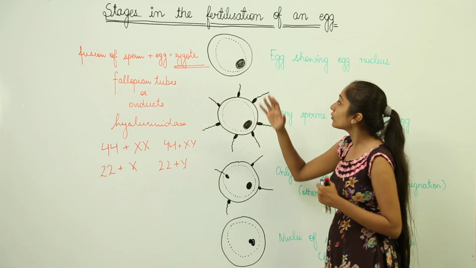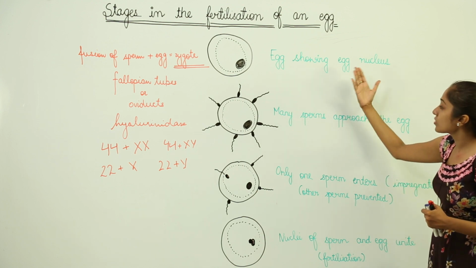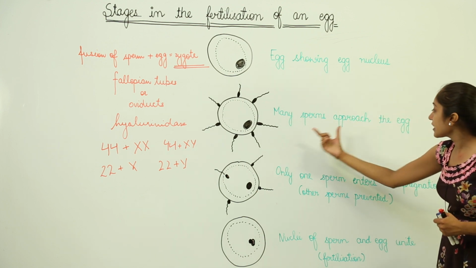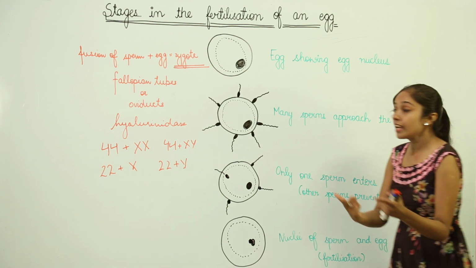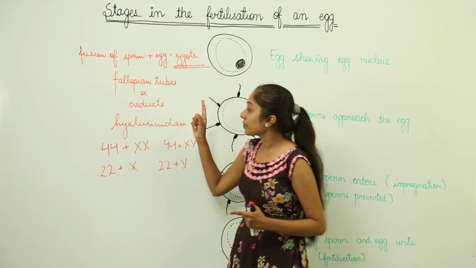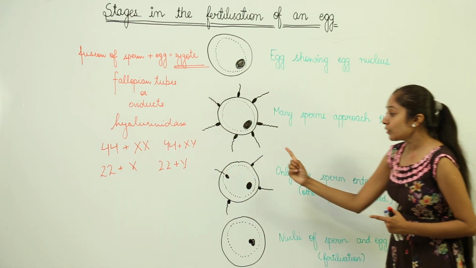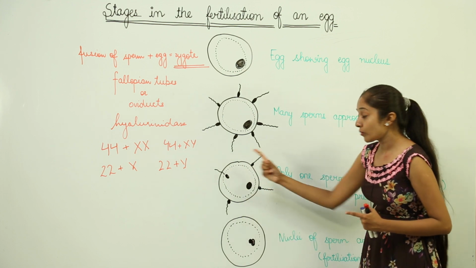But overall, what do you see in this diagram? We have an egg which shows the egg nucleus. Now many sperms are going to approach the egg. Where? They approach the egg in the fallopian tubes or the oviducts, which become the site of fertilization. And after this, only one sperm is able to penetrate the egg.